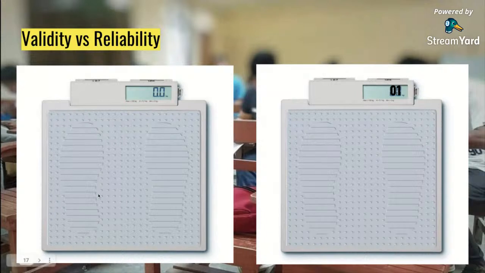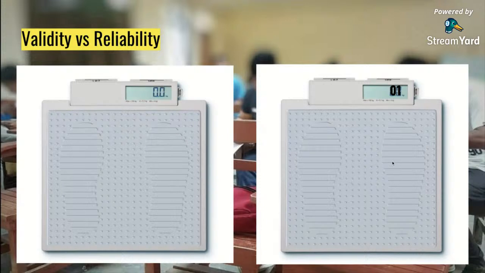So it gives me the same weight reading, which is 90 kilograms, whenever I take my weight for 3 consecutive days. Then I could say that this one is giving me a reliable reading, and at the same time, it's also a valid reading of my weight, because we know that this weighing scale works perfectly fine. It's set to 0.0.